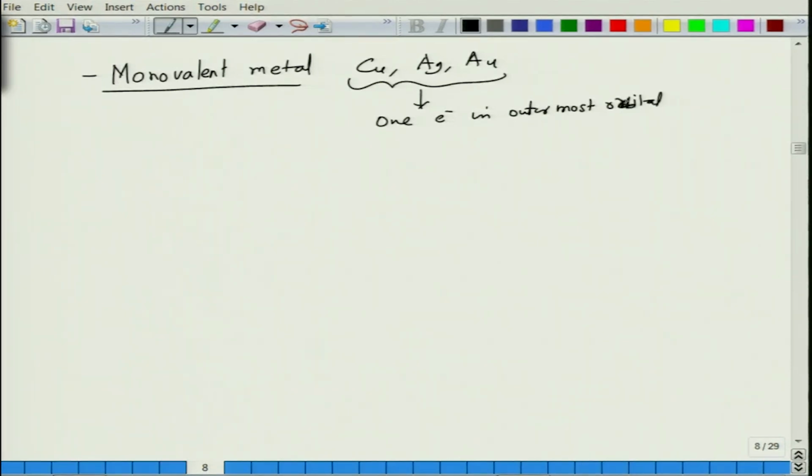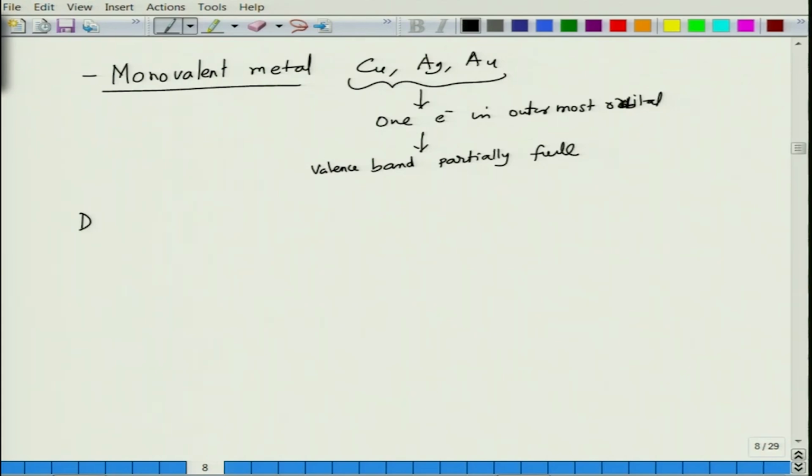As a result, you can say that the valence band is partially full.